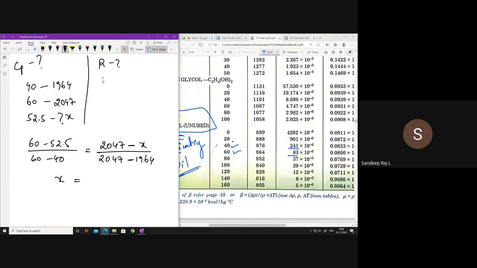Rho is 876, this one and this one. For 60, it is 864. For 52.5, you need to interpolate. Tell me, what is this Cp value?